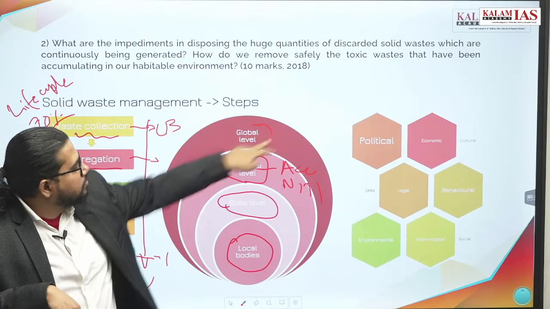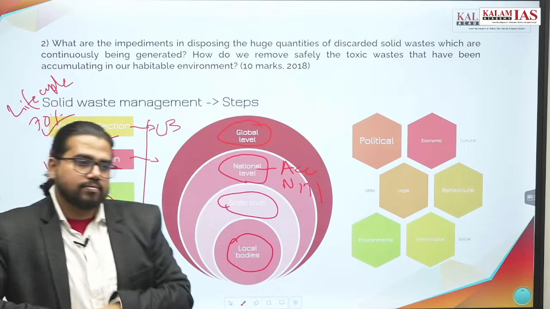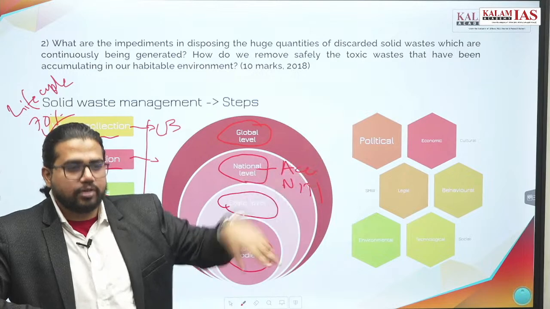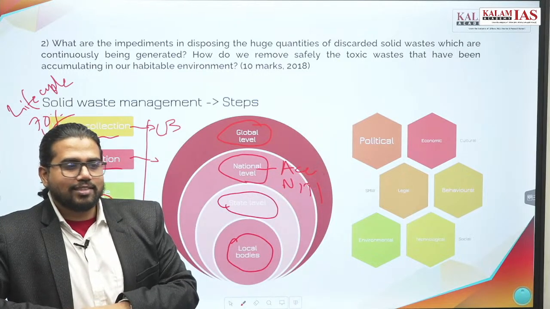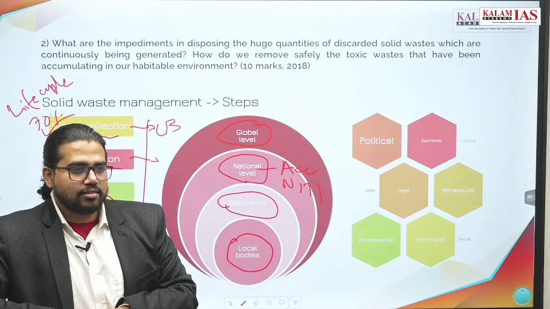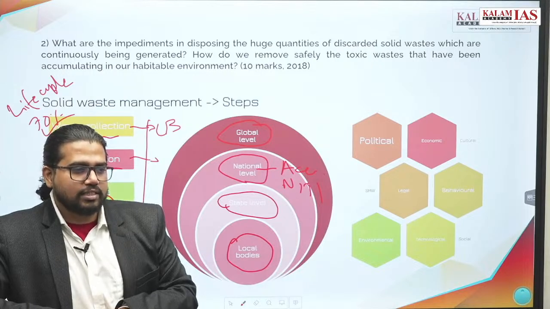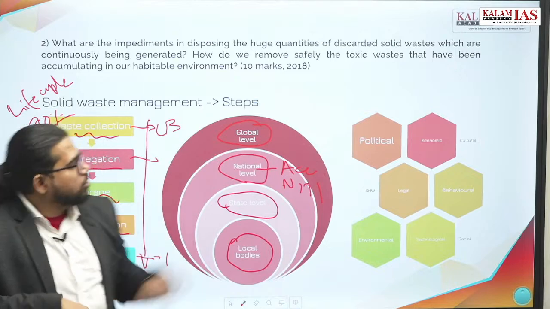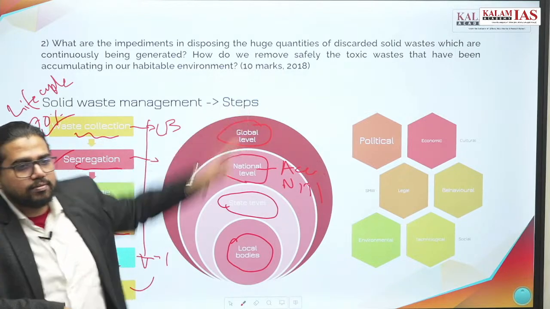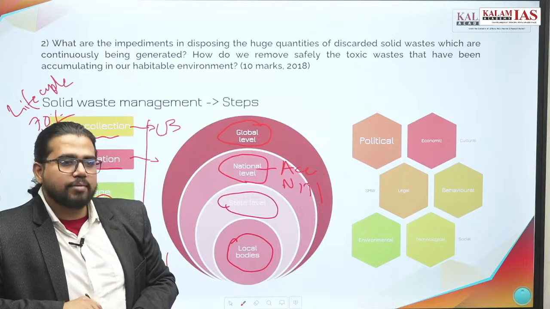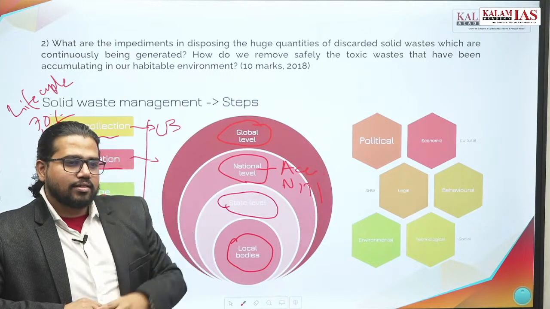Global level means wastes are also being exported and imported, and there is one convention for it, the Rotterdam Convention, which is for hazardous waste. So we need such measures. Basel Convention is also there. Minamata is mercury related.